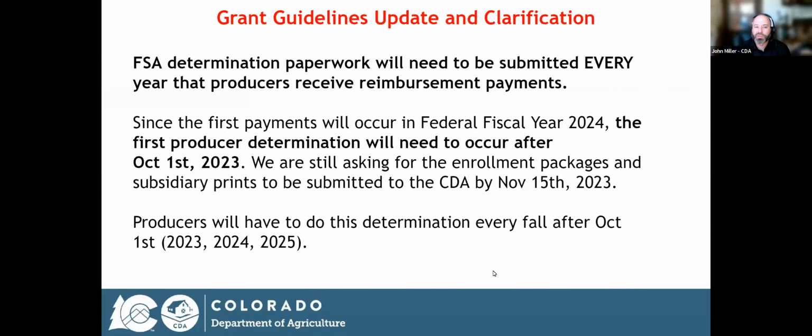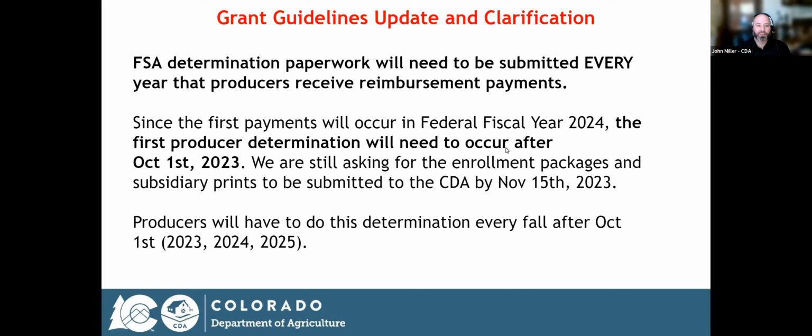Just to start out here, there's a little bit of an update and clarification from the grant guidelines webinar, which was 2 weeks ago. We've had a little bit of change from the USDA for our climate smart commodity dollars, and we now have to do the FSA paperwork every year that the producer receives payments through this program.